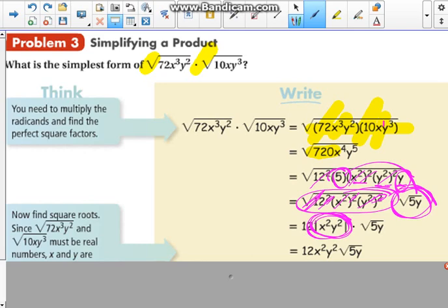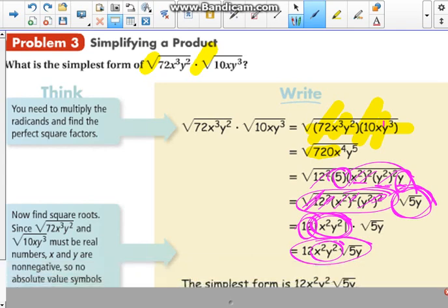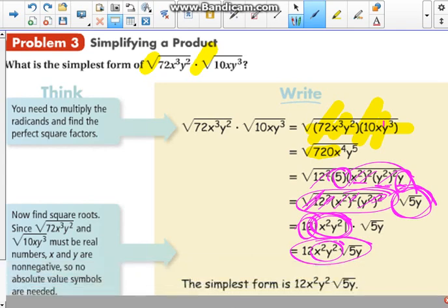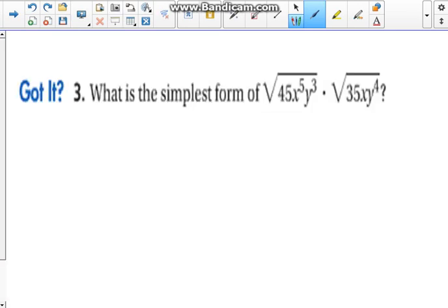So we can take the absolute value signs off, and it leaves us with 12 x squared y squared times the square root of 5y. So that is our simplest form. Here's our got it for problem 3. If you'd like more practice, pause, work the problem, and come back.